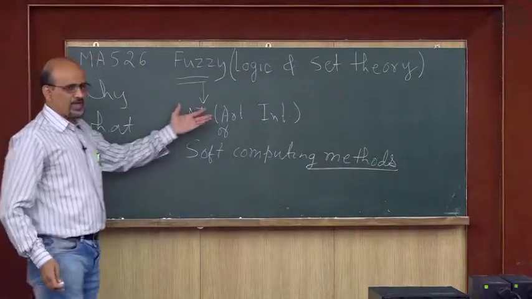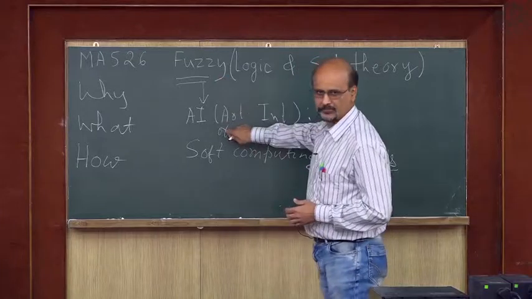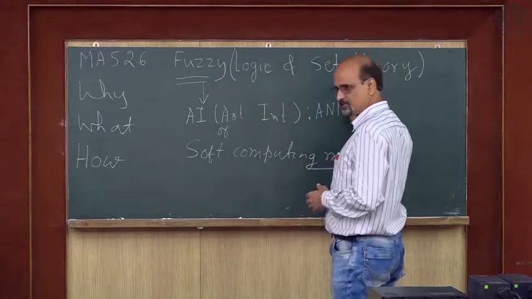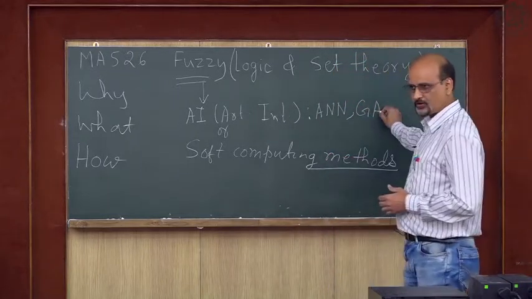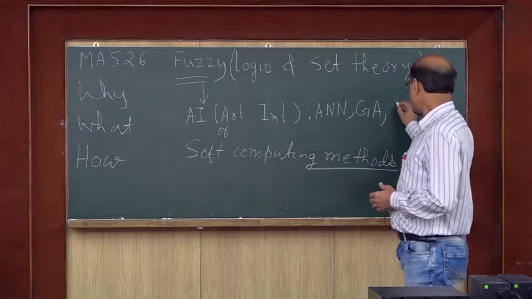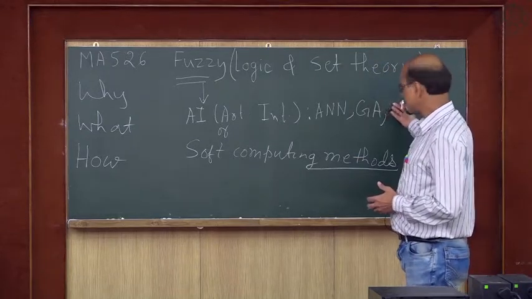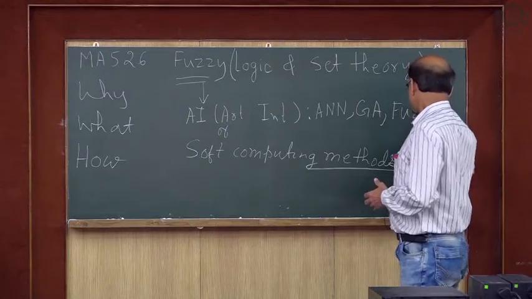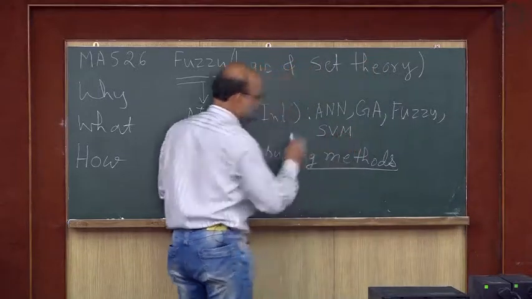Now, in AI we have different areas. Fuzzy is one of them. There we have ANN, that means artificial neural network, and GA, that is genetic algorithm. We have then different optimization techniques, so GA is one of them. Here fuzzy. Then SVM, that means support vector machines.